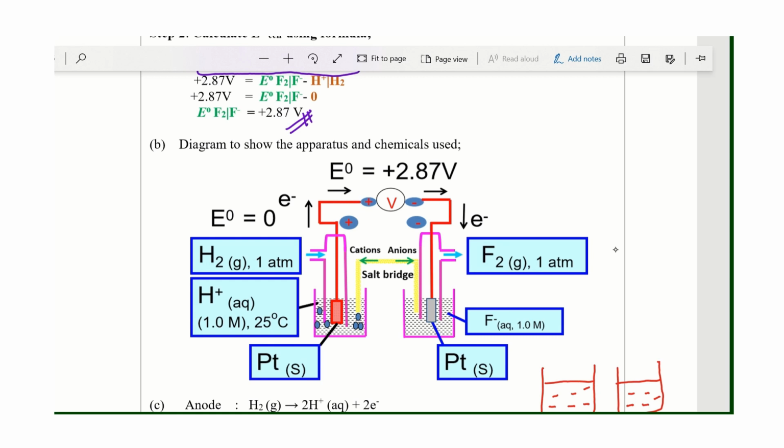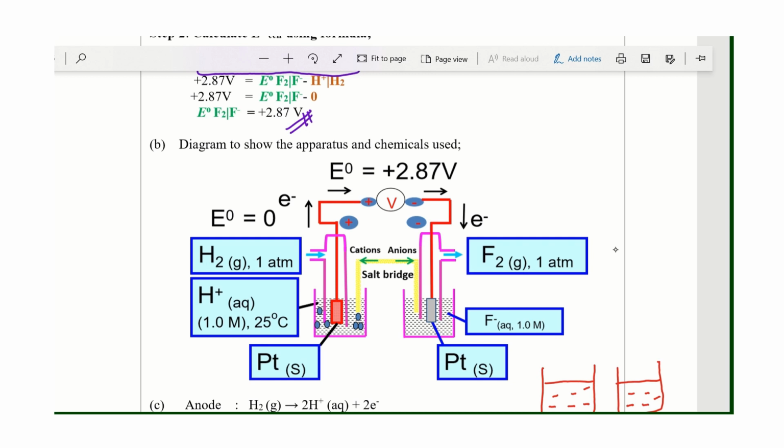Then we use an inert electrode, which is platinum, connected by wire to a voltmeter. At the cathode we also have a platinum electrode, and the electrolyte we label as F− aqueous, 1 molar.